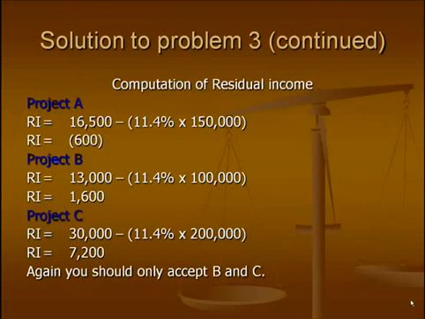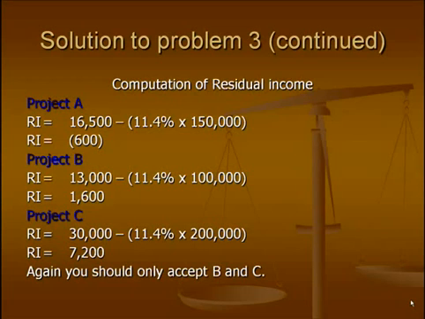Let's figure out the residual income. It's the actual income or profit, those words are used synonymously, minus the target. So here it's 16,500 for project A minus, if you use the cost of capital as your desired rate of return, 11.4% times the assets which was used, which is 150,000.